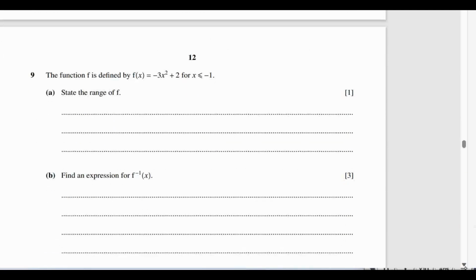Question number 9. The function f is defined by this. State the range of f. Now as we can see here that this function will represent two things. The very first thing is that this is a quadratic equation. So it means that the graph of this one will be a parabola.